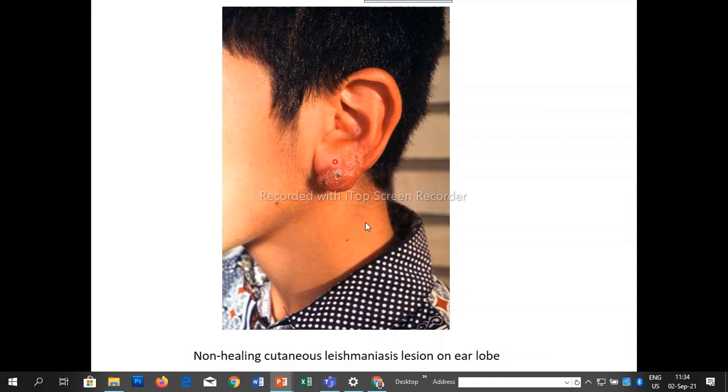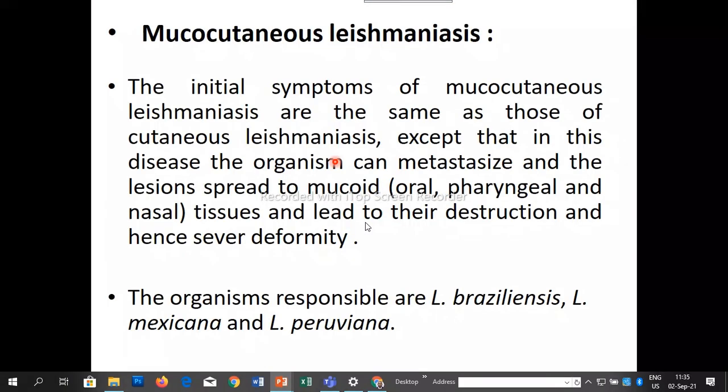Now, the last one is mucocutaneous, involving the mucous membrane. The initial symptoms of mucocutaneous leishmaniasis are the same as those of cutaneous, except that in this disease the organism can metastasize and spread to the mucosa, including the oral cavity, the pharyngeal area, and even nasal tissues, and lead to their destruction and hence severe deformities.